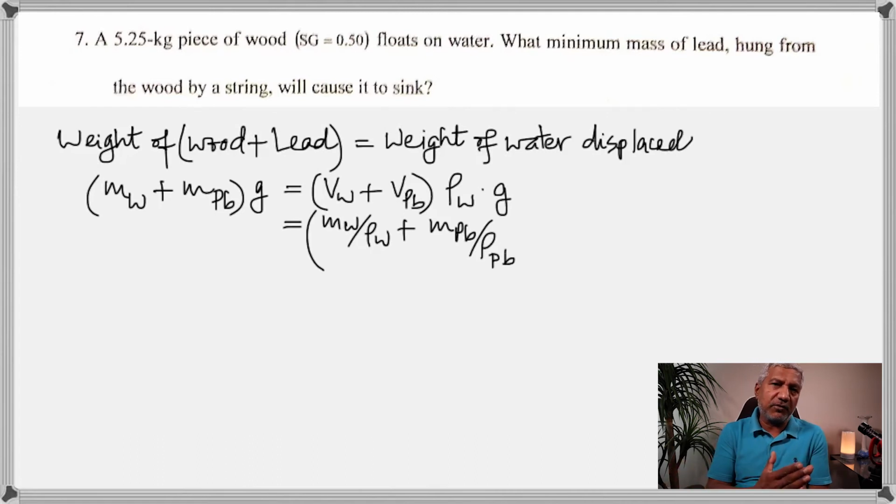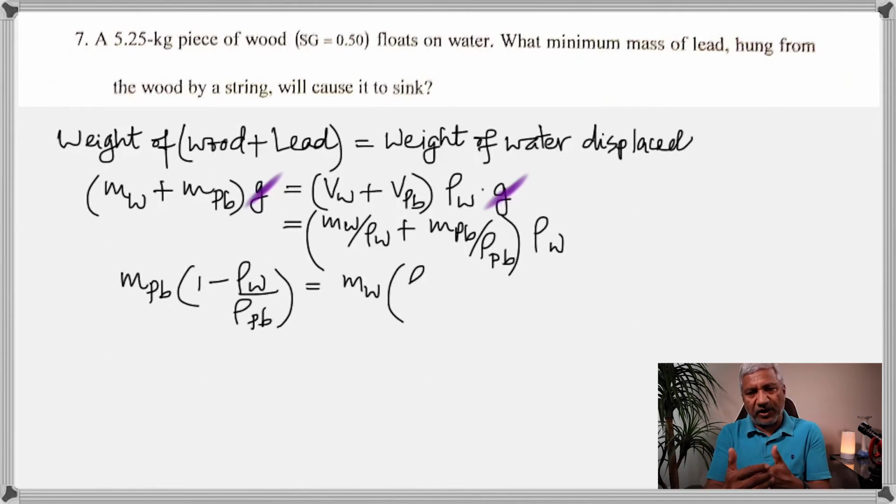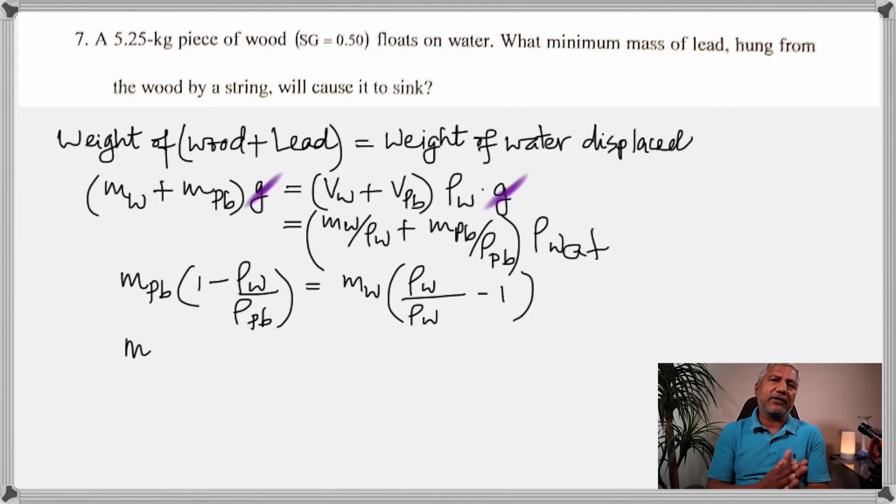How do you find the volume of wood? Take its mass, divide it by the density of wood. How do you find the volume of lead? Same way, find the mass of lead, divide by its density. So now it's math. What I did here is on the left-hand side, I took out the mass of lead as a common factor, and you will see why.